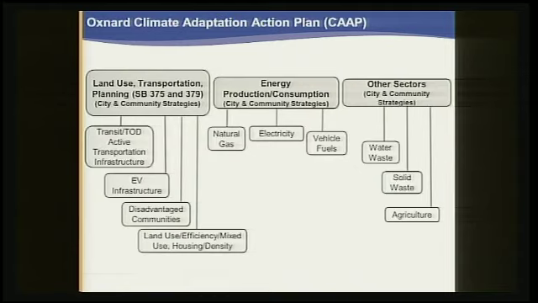It's seen in the infrastructure choices you make, for example, renewable vehicles in your fleet. It's seen in the types of standards you impose for development projects with construction. It just goes on and on. EV is electric vehicle fleet.